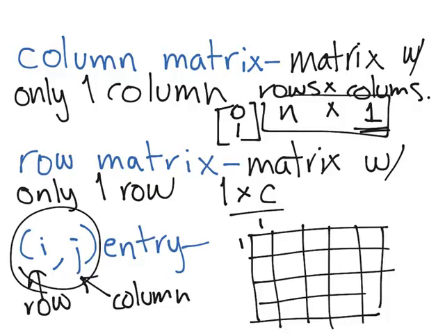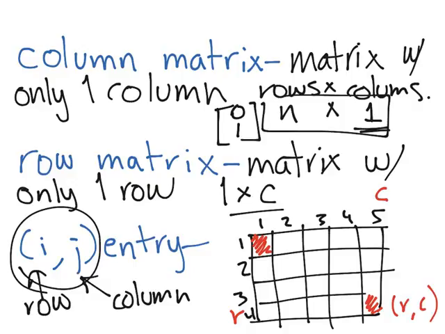To the top left, we have 1, 1, and all the way to the bottom right, we have R, C, so row, column.